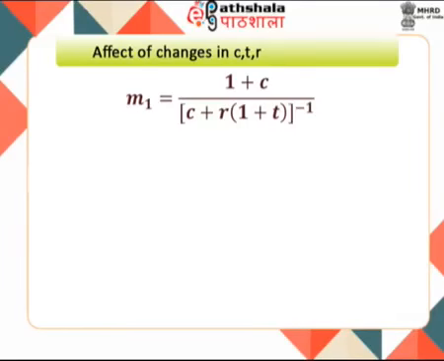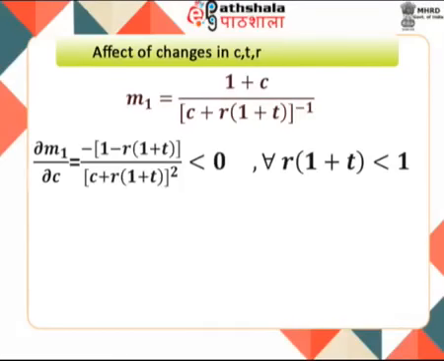This can be calculated by differentiating the narrow money multiplier with respect to each of the three ratios C, R, T, yielding: 1. Delta M1 upon delta C is equal to minus 1 minus R(1 plus T) divided by (C plus R(1 plus T)) whole square, which is less than 0 for R(1 plus T) less than 1. 2.